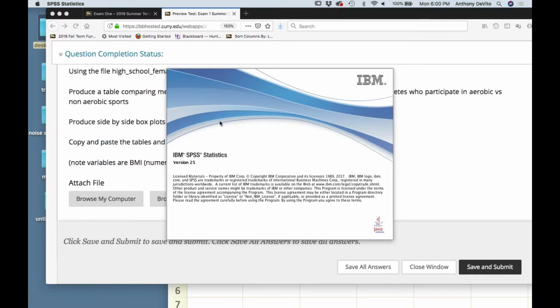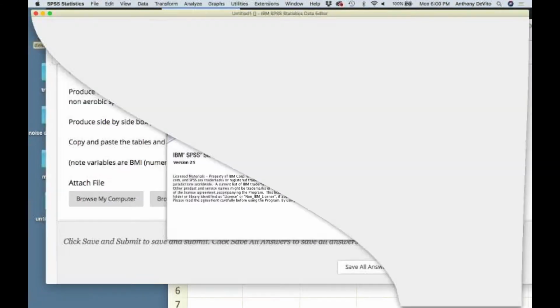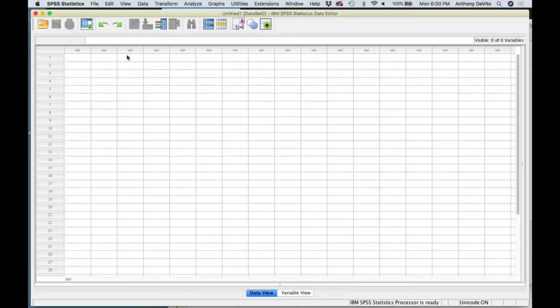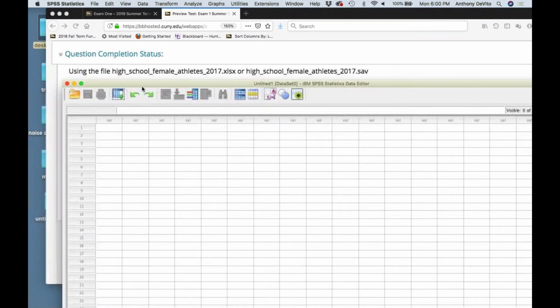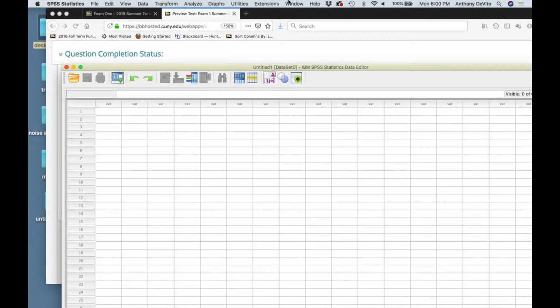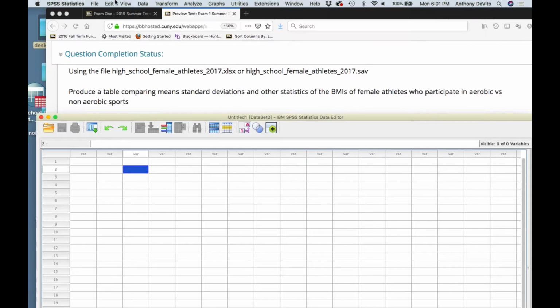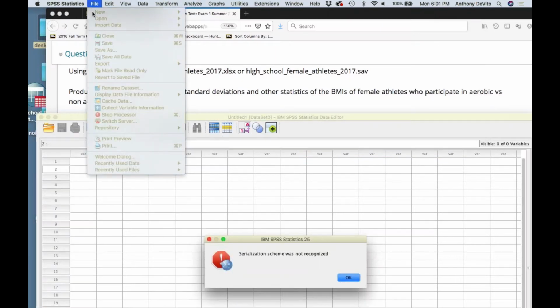That box just came up and I can't read it. I don't know why it's saying that. And it didn't open my data file, did it? Maybe it couldn't find it. Let me try putting it on the desktop. Okay, it's on the desktop, so I'm going to do it the hard way.